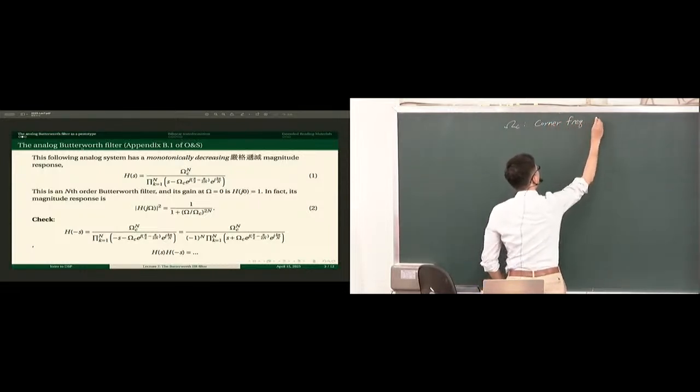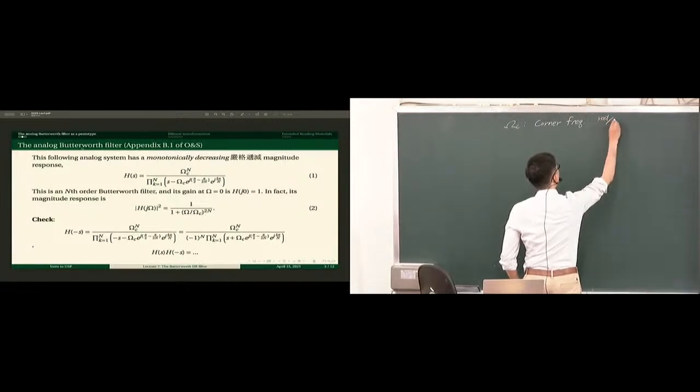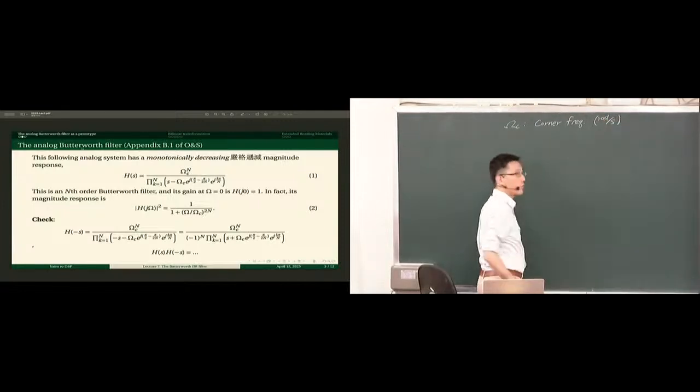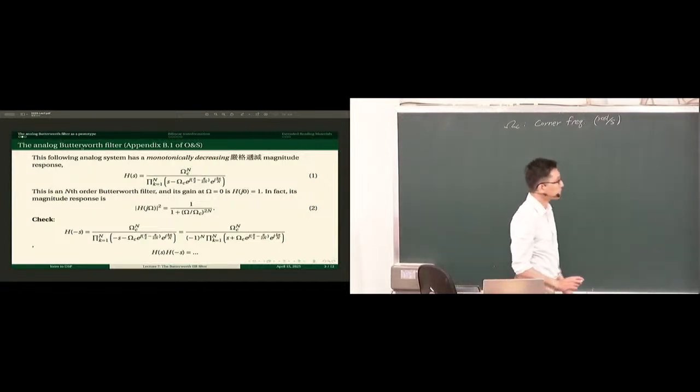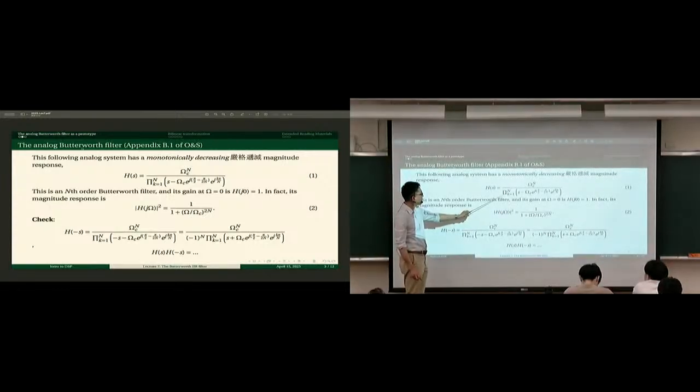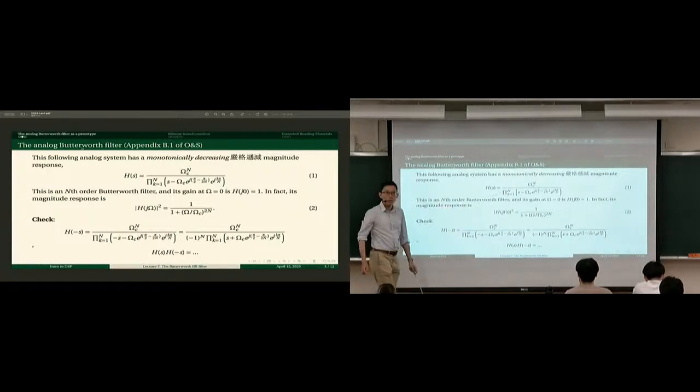Its unit, in the continuous-time scenario, is the unit of angular frequency, radians per second. That's the unit for this constant, which denotes a corner frequency. So that's on top. At the bottom, we have a factorization, which goes as this product, 乘积, or product. The product goes from 1 to big N, with big N being the order of the filter.